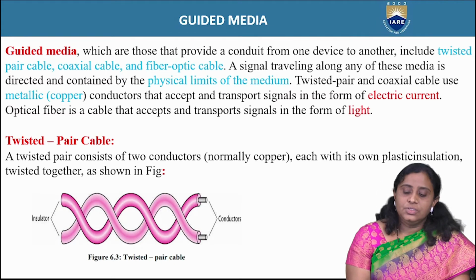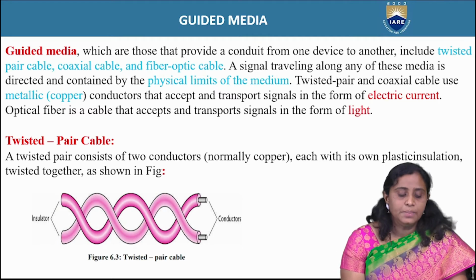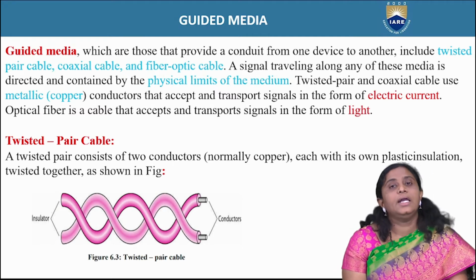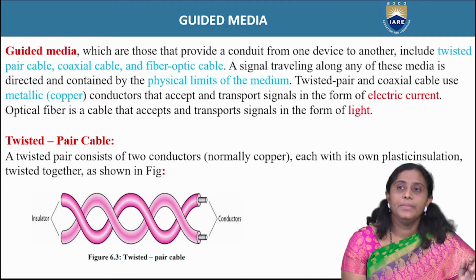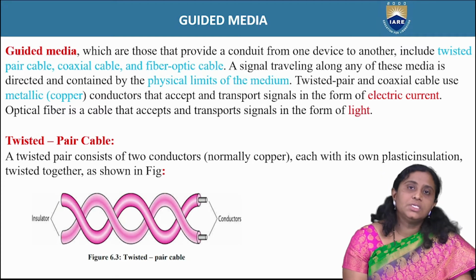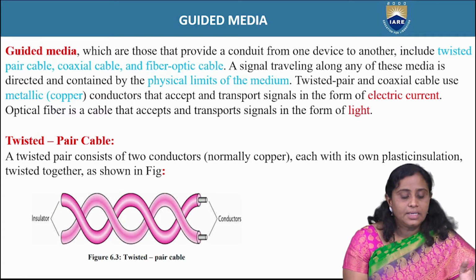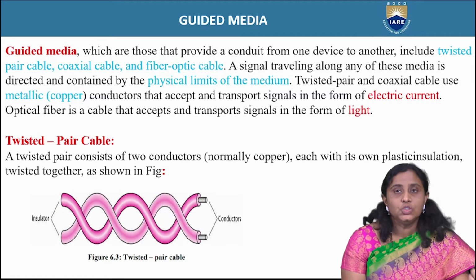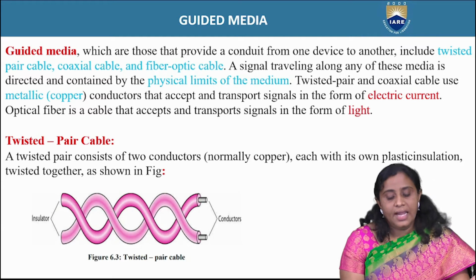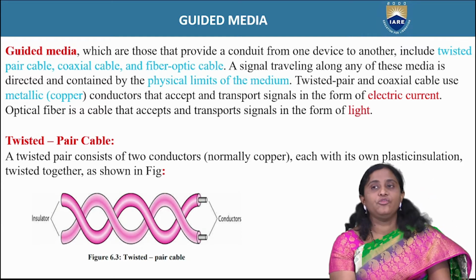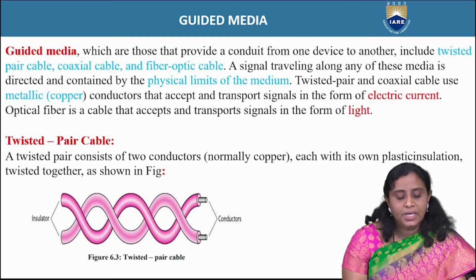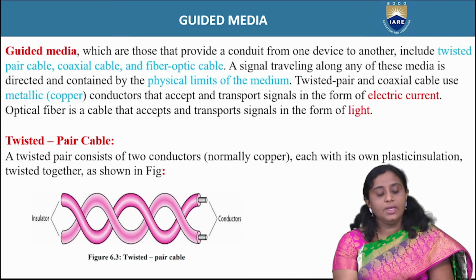A signal traveling along any of these media is directed and contained by the physical limits of the media. Twisted pair and coaxial cable use metallic copper materials that act as conductors as well as insulators. The conductors accept and transport signals in the form of electrical currents. The optical fiber is a cable which accepts and transports signals in the form of light.